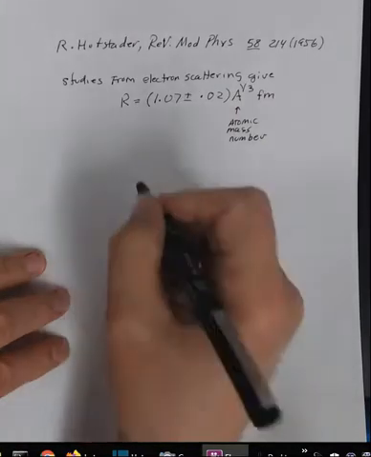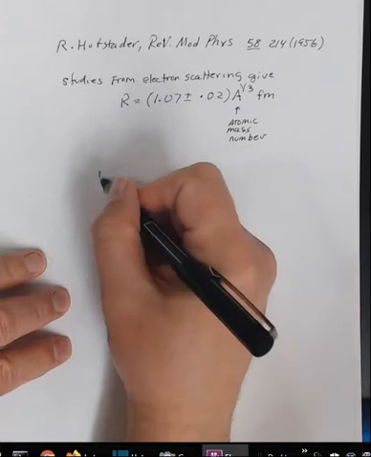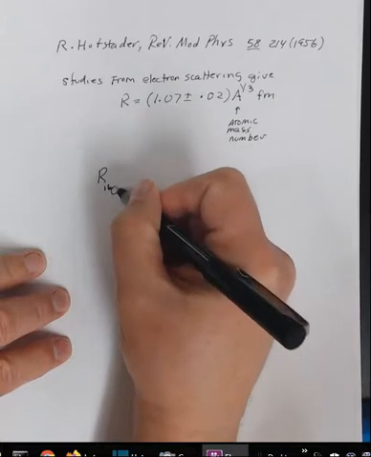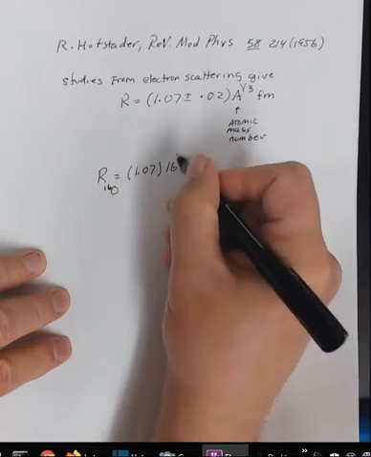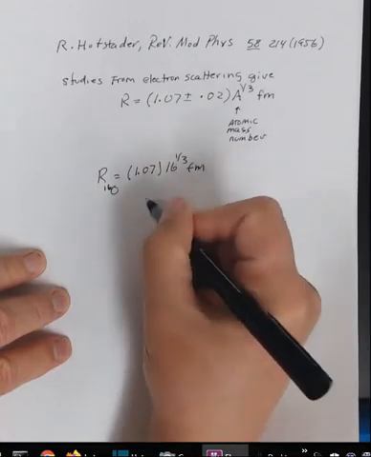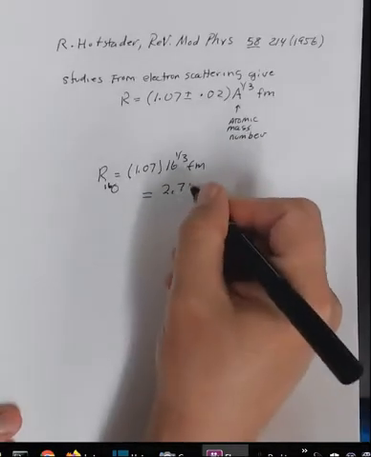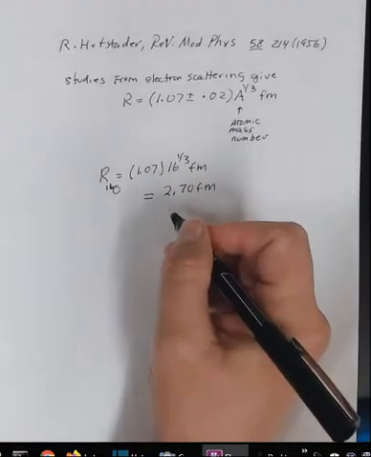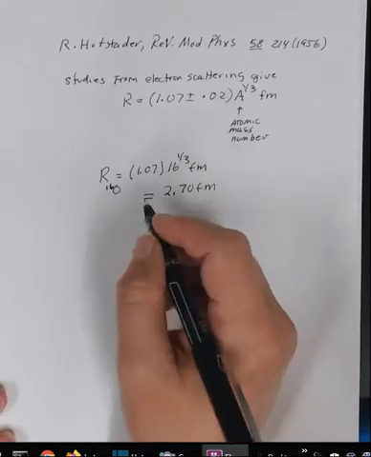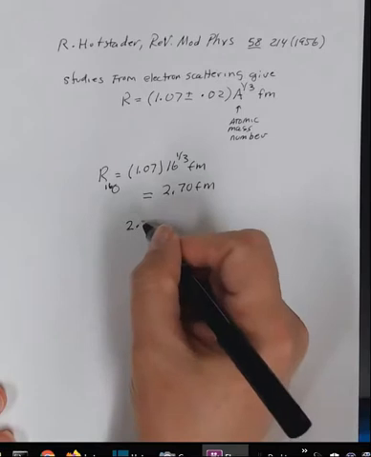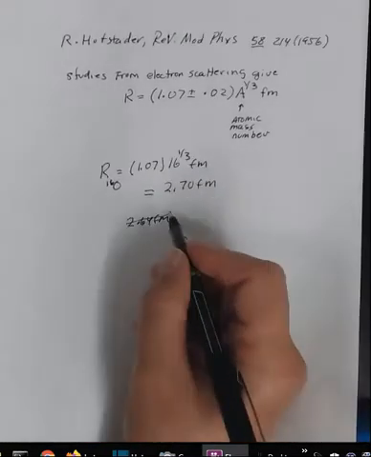So if you stick in our number, A is 16 for us, so R for 16 would be 1.07 times 16 to the 1/3 femtometers, which gives us 2.70 femtometers. What were we estimating from the diffraction? We got 2.64. So this formula gets pretty close.